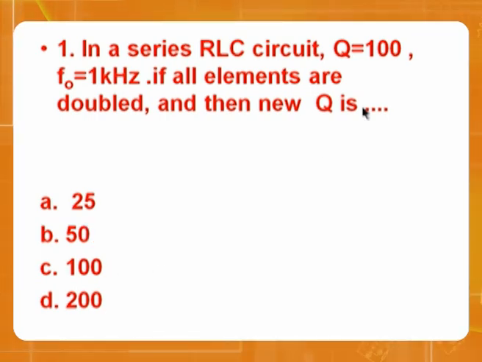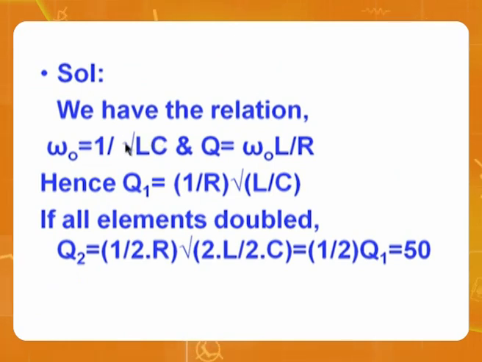The answer is very simple. Obtain the quality factor in terms of your RLC components. As I told you already, F0 is 1 by 2 pi root LC. Then bandwidth is R by L. So what is the quality factor? With that we can see the solution here. Omega naught is 1 by root LC.